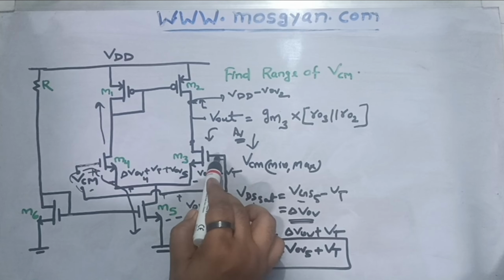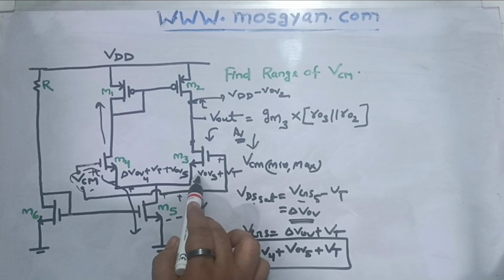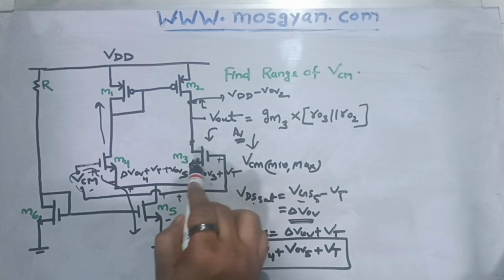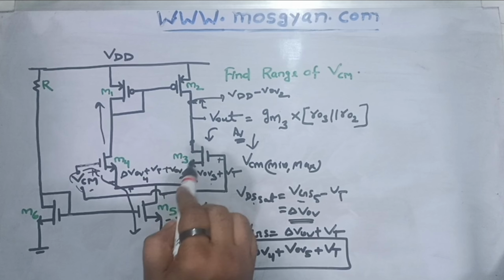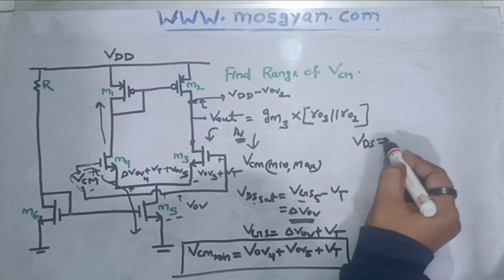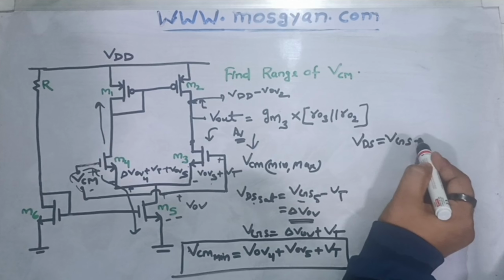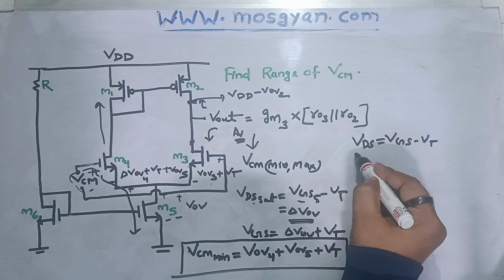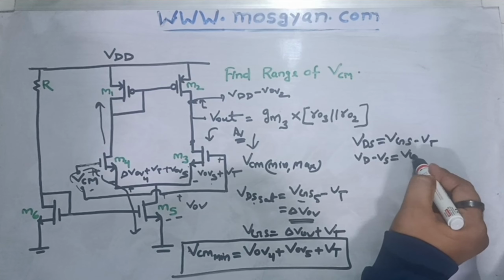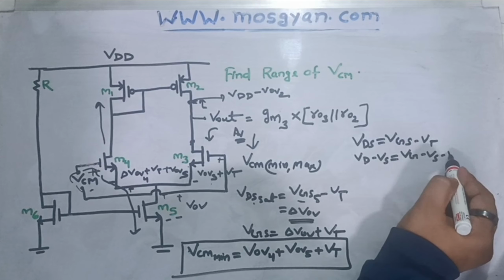So as I mentioned, this gate source potential is equal to the gate overdrive of this MOS M3 plus VT. If this MOS has to operate in saturation mode, the bare minimum condition is VDS should be equal to VGS minus VT, right? I can write it as VD minus VS should be equal to VG minus VS minus VT.